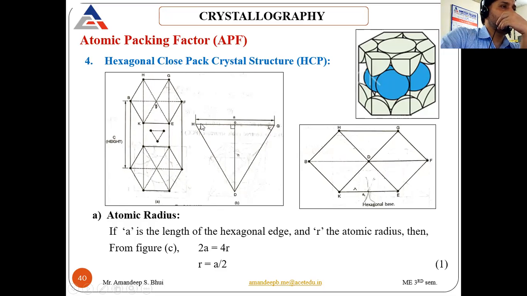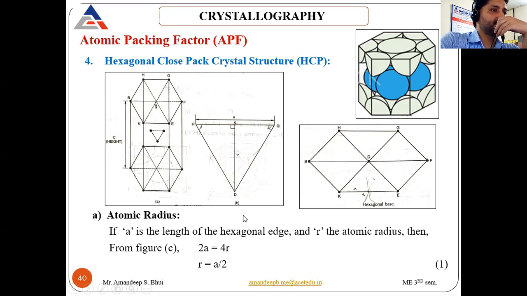Now this triangle HGD is an equilateral triangle. So all the edges of this triangle are equal to A. This means all the angles, angle at H, angle at G, and angle at D, will be equal to 60 degrees. Now let A be the length of the hexagonal edge and R the atomic radius.